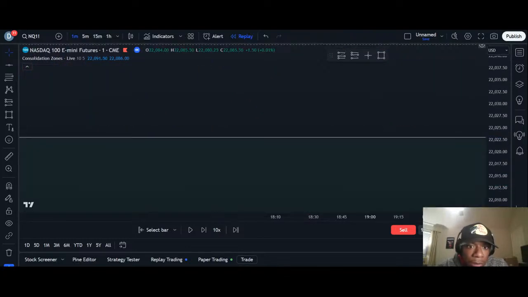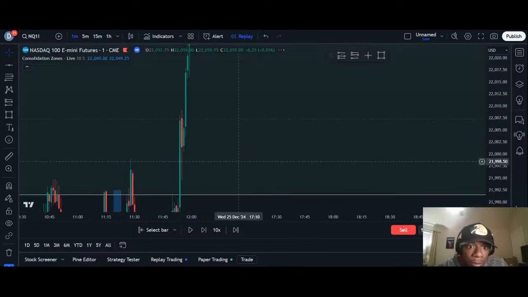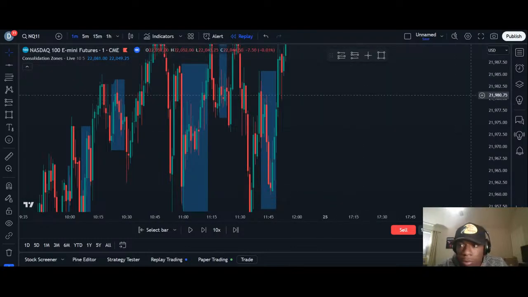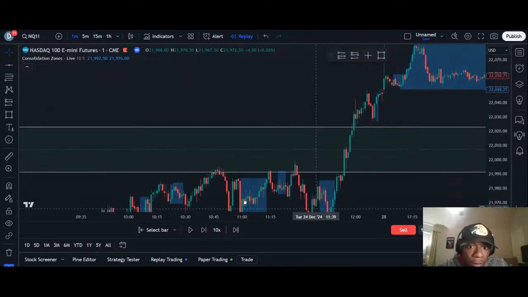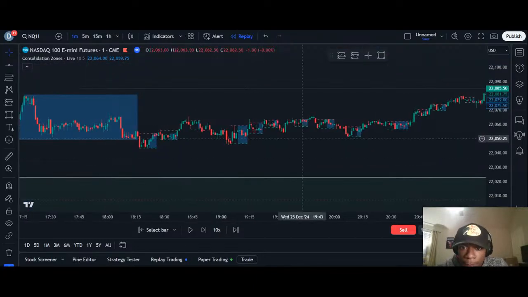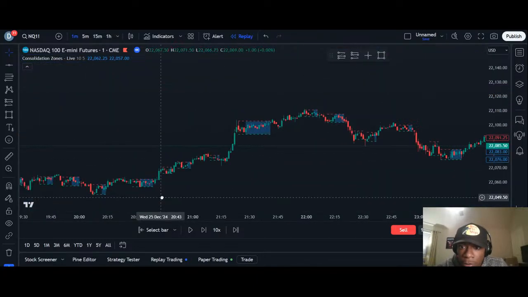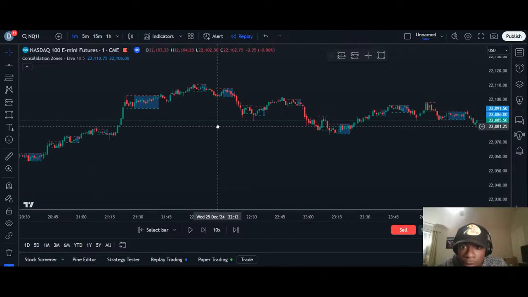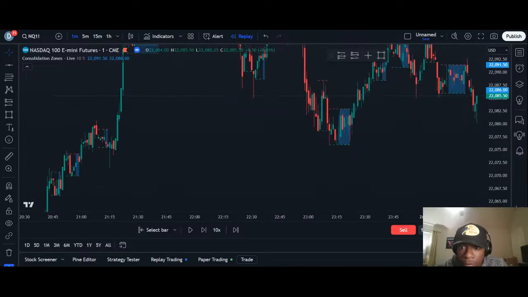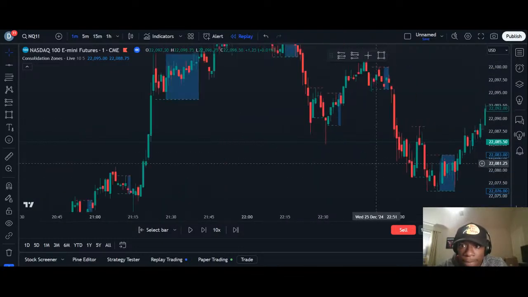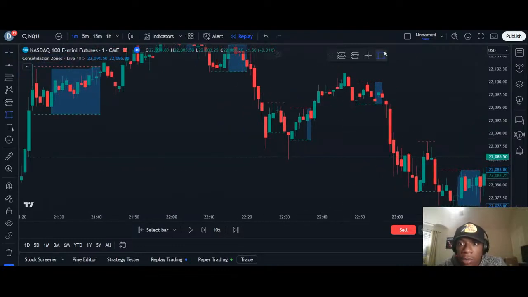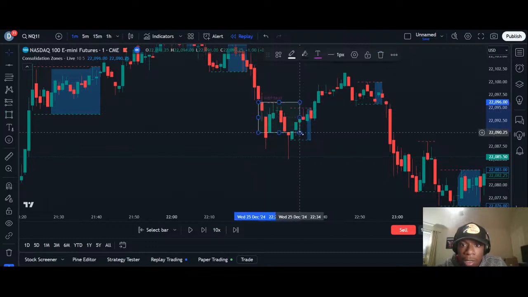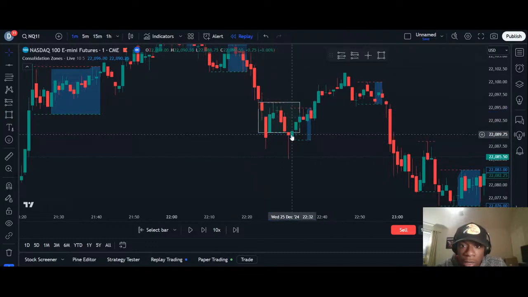Where's it going at? Not really seeing too many good examples, but we'll just use this one. Say I seen the zone right here and I marked it out and I said, when this zone closes below, I'll hop in.